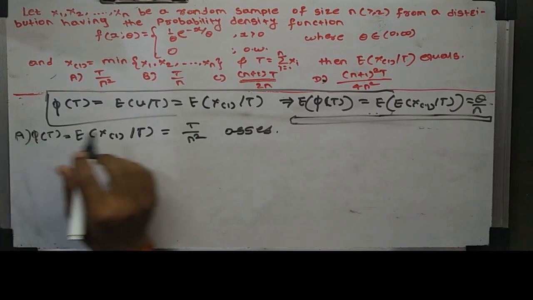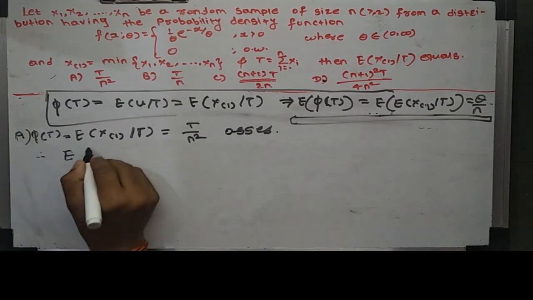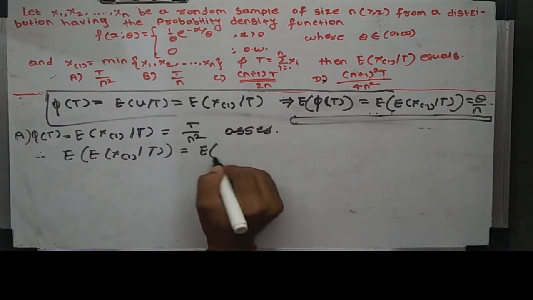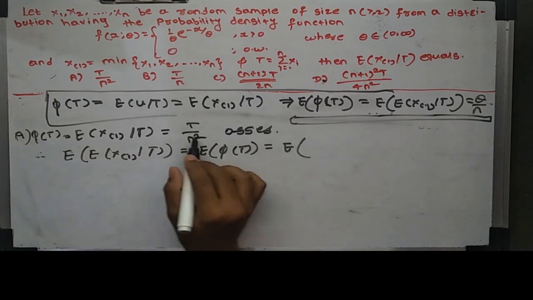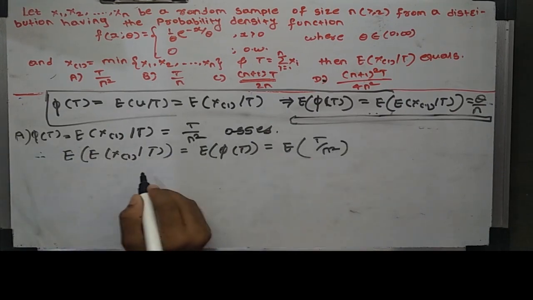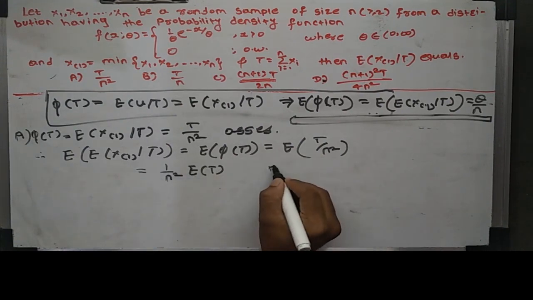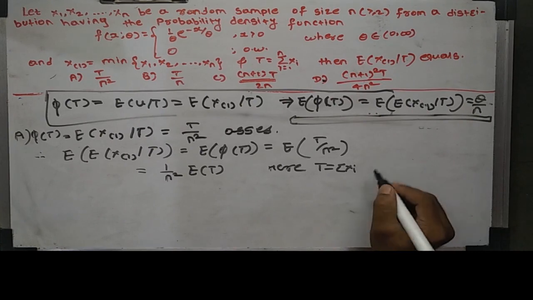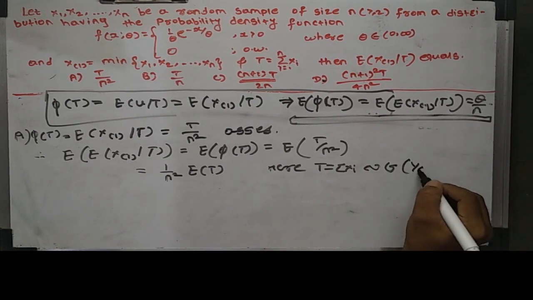Let's check whether expectation of phi t equals theta by n. Therefore expectation of x of order 1 given t is equal to expectation of phi t, and phi t is assumed t by n square. That expectation equals 1 upon n square into expectation of t. Here t equal to summation of xi, and x1, x2, ..., xn follow exponential with mean theta. Therefore summation xi follows gamma with 1 upon theta comma n.